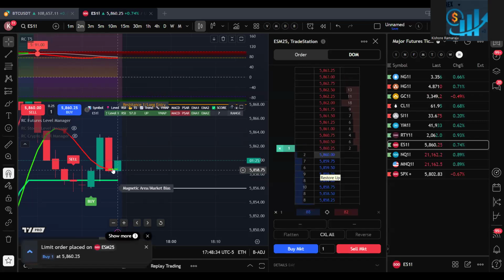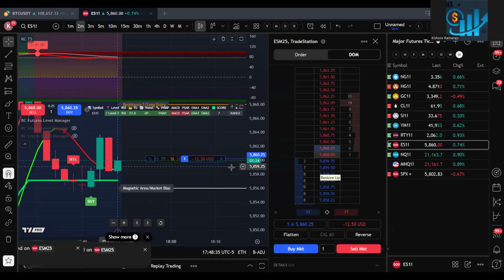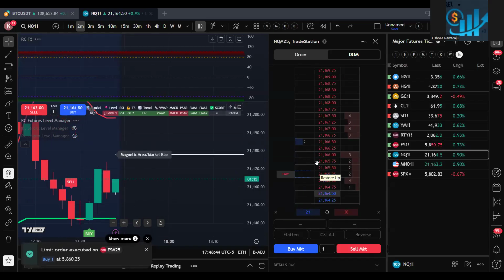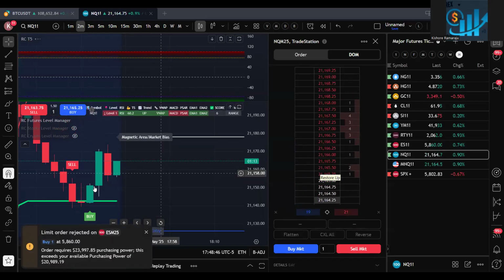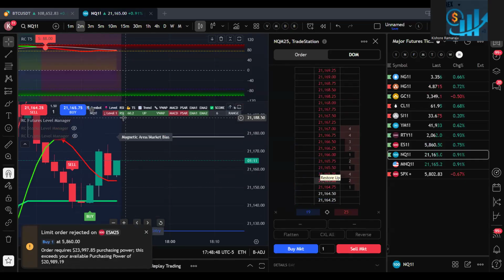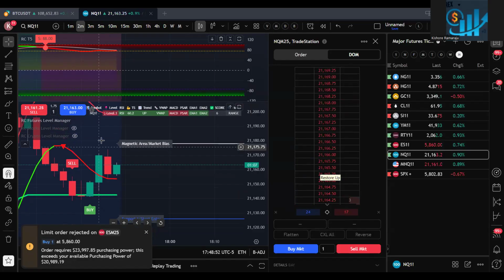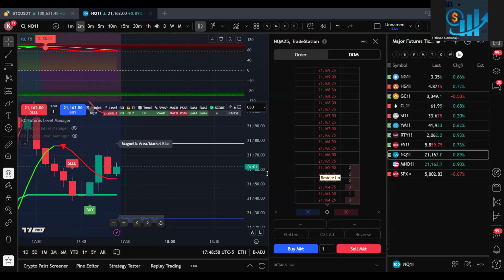Price came, touched the price pulse line, and again started going up. In Q also, same thing. It came, touched the price pulse line, started going up. So higher high, higher low. Again higher high, higher low, higher high, higher low.